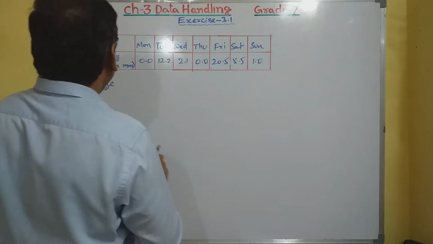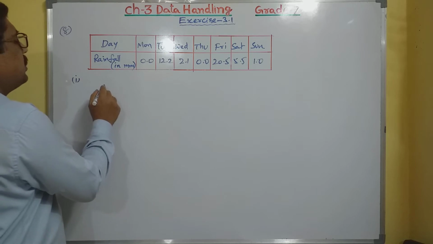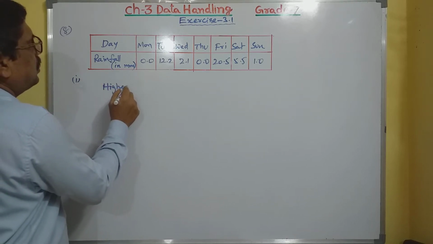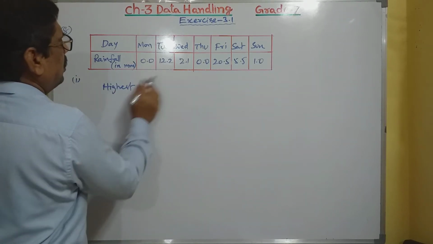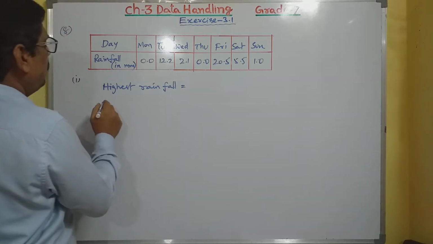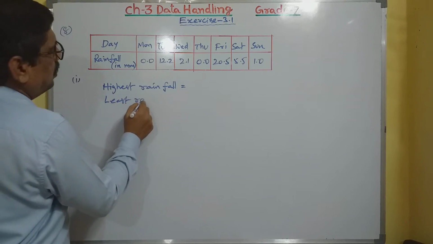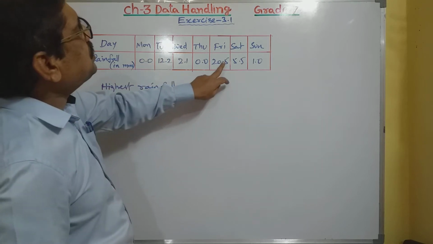In order to find the range, we have to find the highest value. Highest rainfall, let us write like that. Highest rainfall and least rainfall in the week.